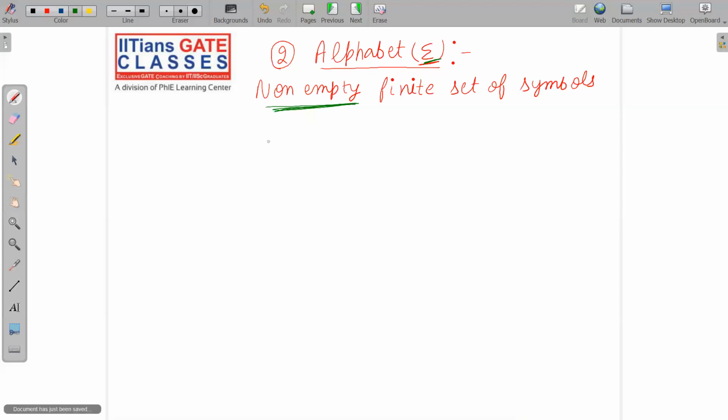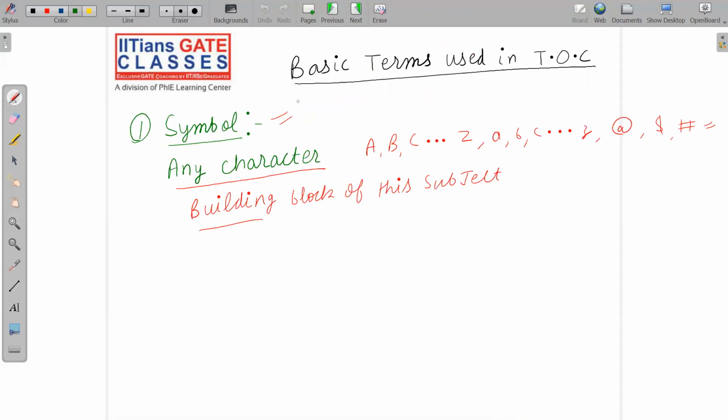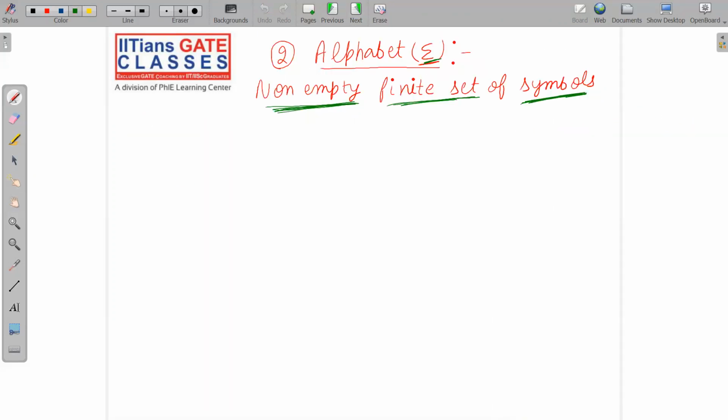So please understand these terms very carefully, and note down all the words carefully. It is non-empty, that means it cannot be empty. So the first condition is it should be non-empty, and second is a finite set of symbols. What is a symbol? I have already told you in the previous slide, that is any character.